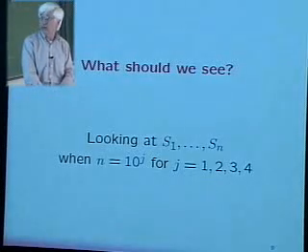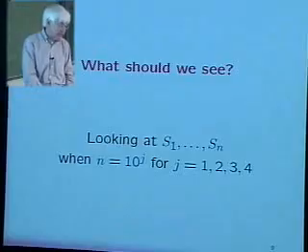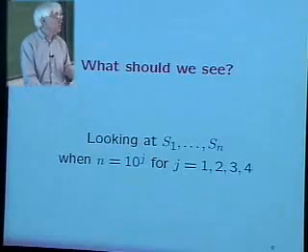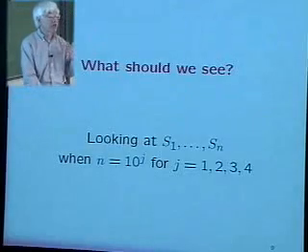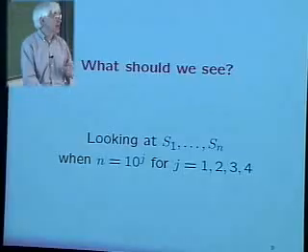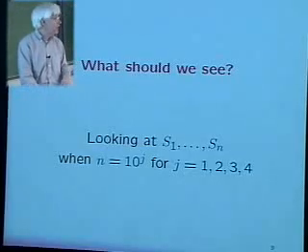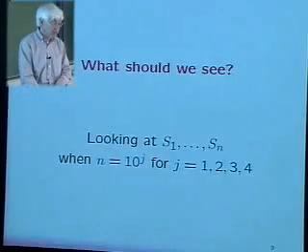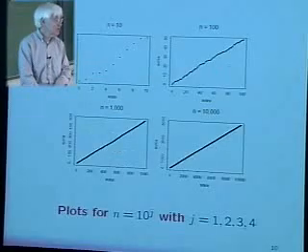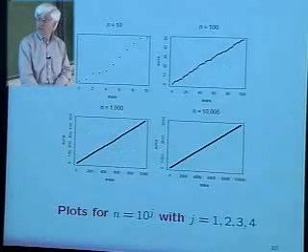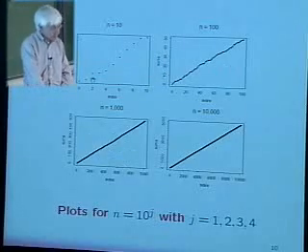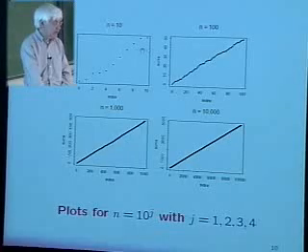Also S0, starting off at 0. But suppose we look at powers of 10. So the number of steps n is some power of 10. We're looking at 10, 100, 1,000, and 10,000. And here's what we see. This was a replay of what we saw before.